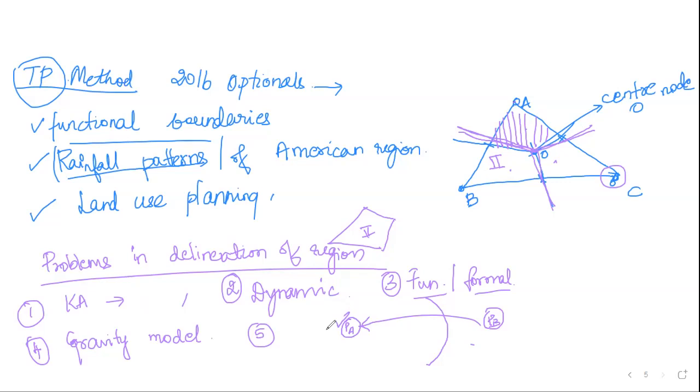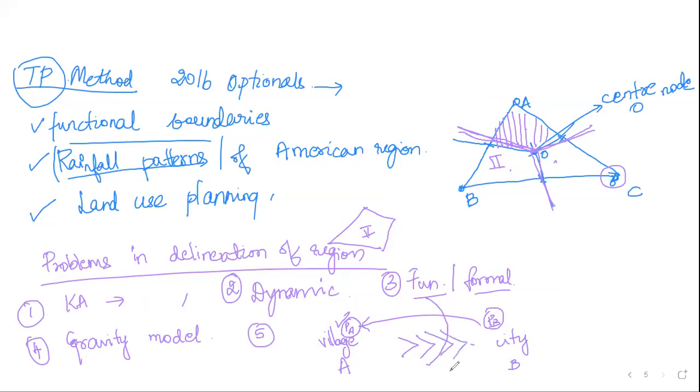Attraction of a particular city when compared to another city is basically dependent on the population ratio, on the intensity of population numbers. Suppose this is a village which has greater population, and this is a city with all modern amenities but with lesser population.